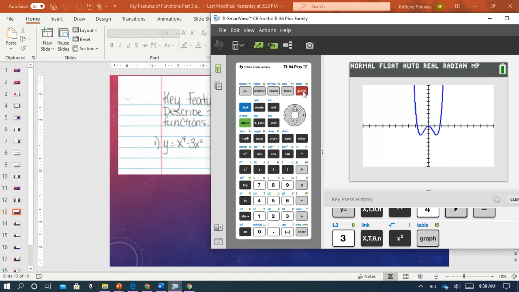Looks something like that. So what I'm going to do is sketch that graph next to number 1 on the PowerPoint. You don't have to sketch that graph in your notes since you should have it on your calculator to look at. That way we can talk about what the end behavior is.